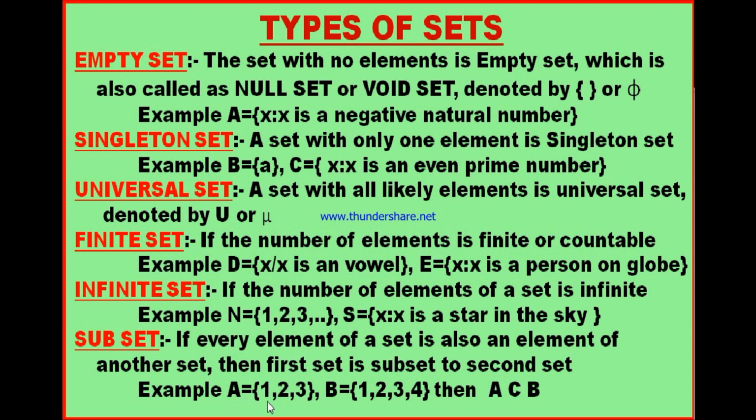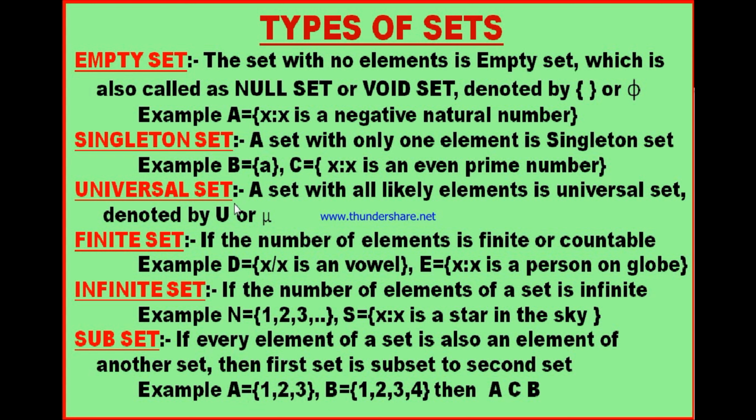In set A, 1, 2, 3 are the elements, and in set B, 1, 2, 3 and 4 are the elements. Every element of A is also present in B. In such a case, you can say that the first set is a subset of the second set.